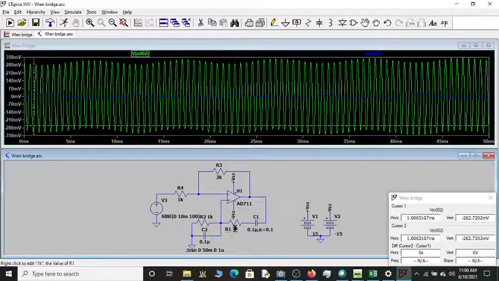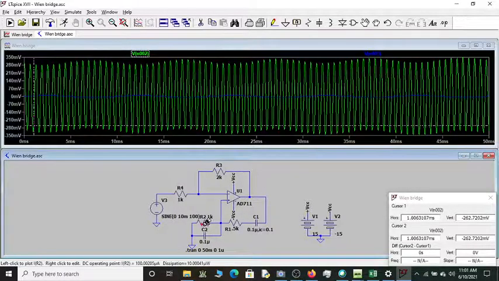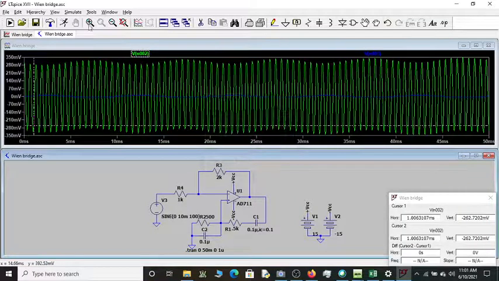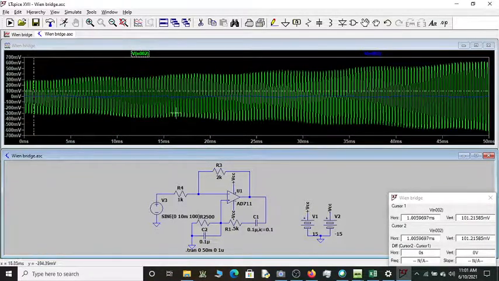Now suppose I make this R maybe 0.5K, and this also 0.5K or 500 ohm. Can you see the frequency is going to double now? You are getting oscillations. The output voltage is not at 100 Hz. The output voltage is at a frequency decided by this RC.